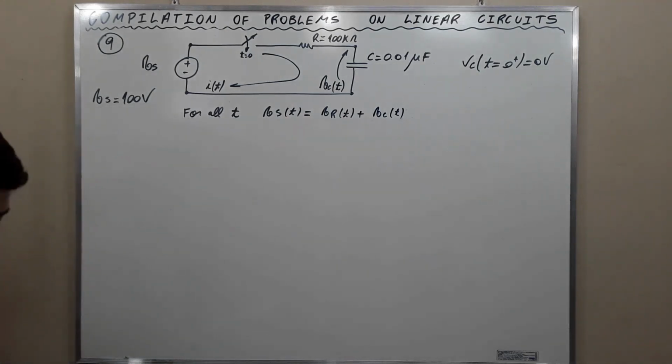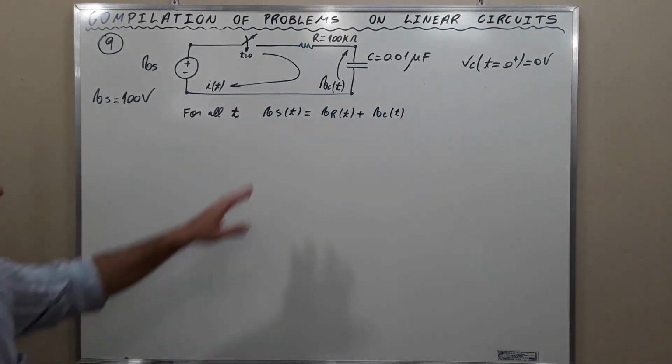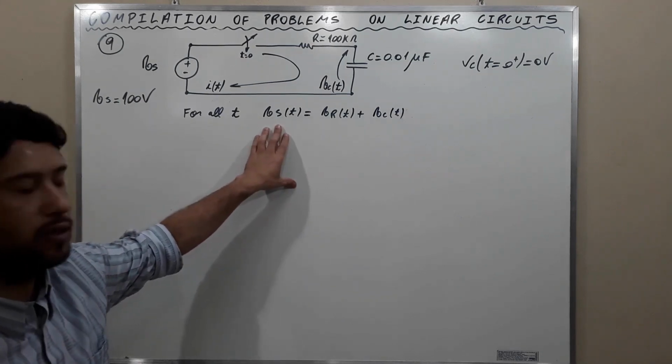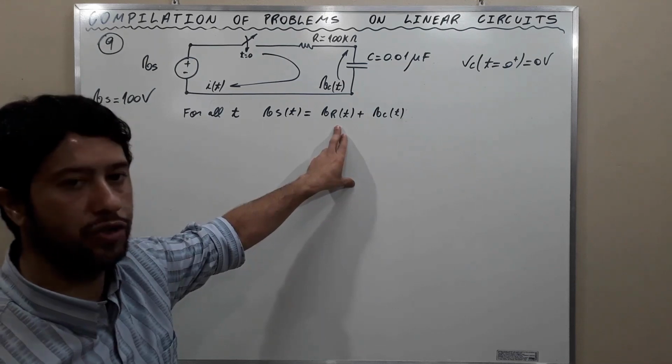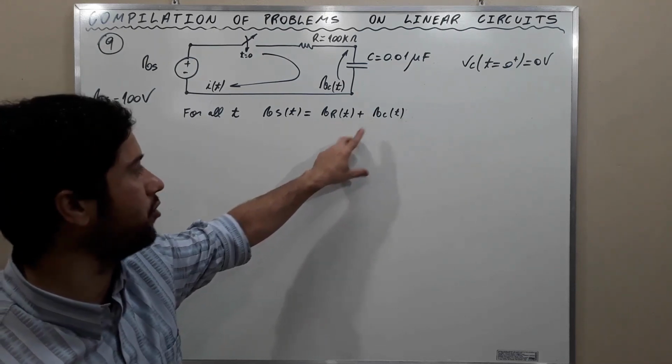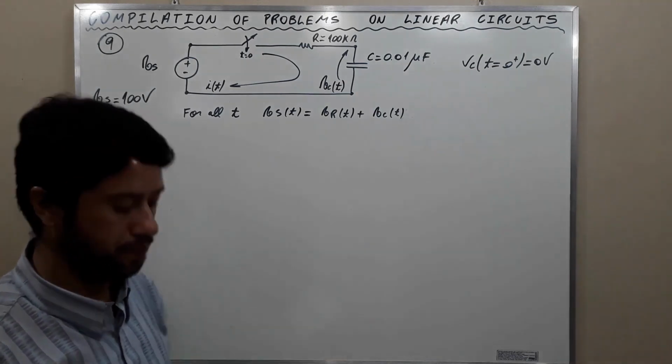Okay? The voltage of the source is equal to the sum of the voltage drops across the resistor and the capacitor.